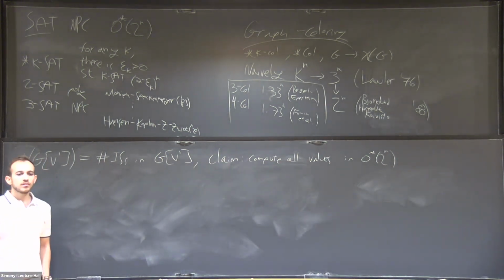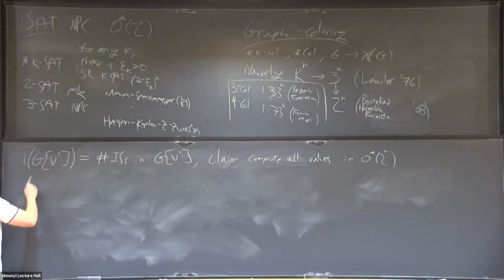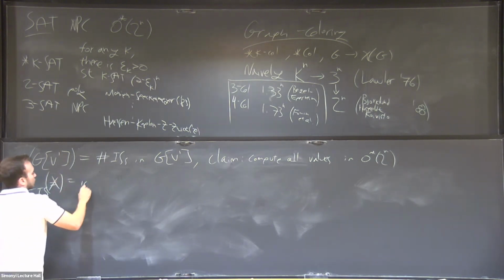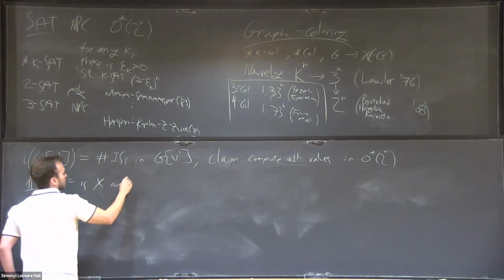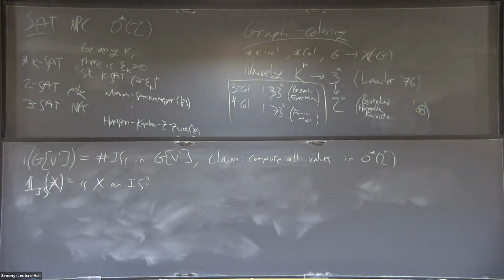Very easily we can compute the indicator function of whether or not something is an independent set. Let's call it this: is X an independent set. This takes only 2 to the n time to compute. This is just going over all subsets and checking if they are independent sets or not.